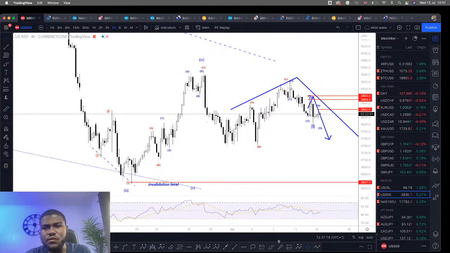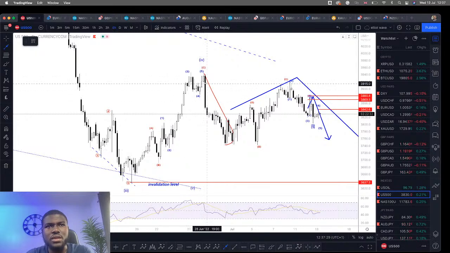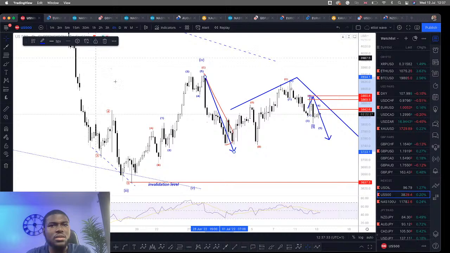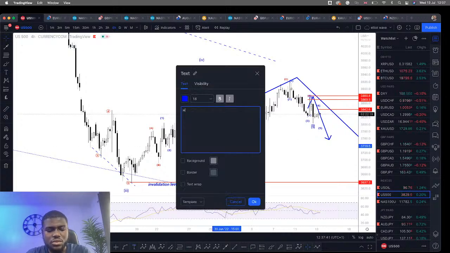The whole of this move from this high down to this low is the beginning of impulse, which I can use an arrow to show that this is wave 1. Now let me just put the label there at the end of that wave 1. Let me write it there as wave 1.